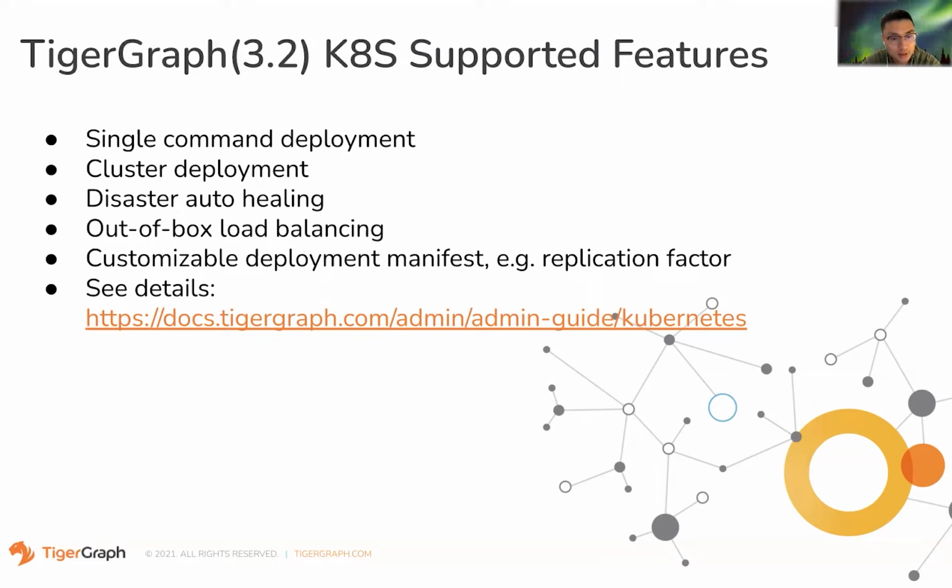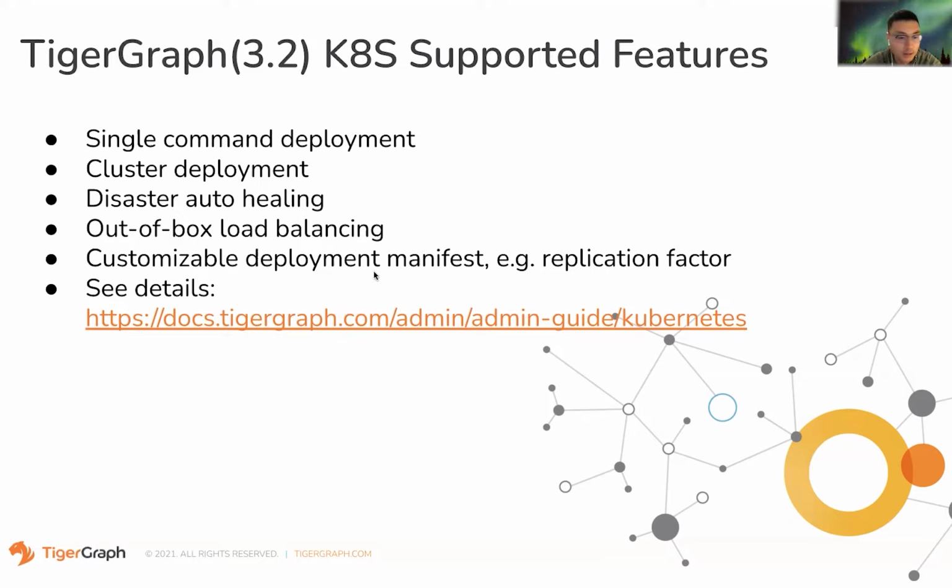Last but not least, we are supporting customizing your deployment manifest. Some of the important configurations are replication factors, which control the number of replicas we are running for the database instance.